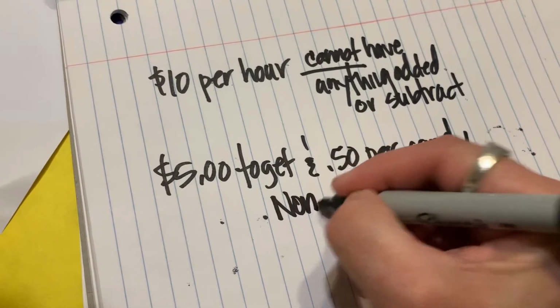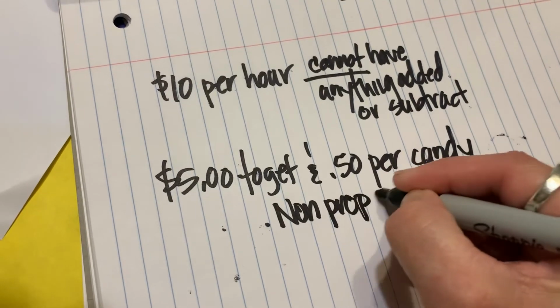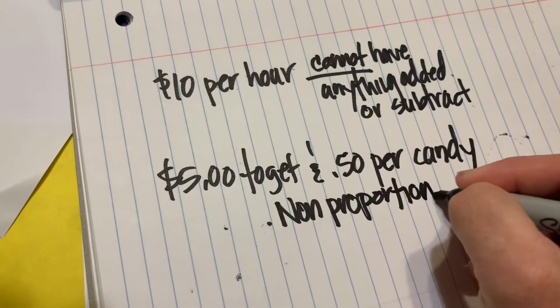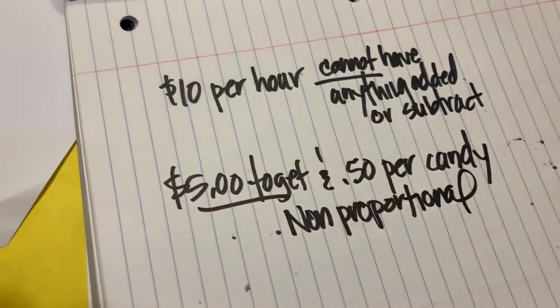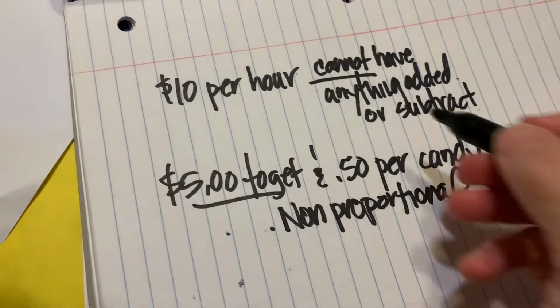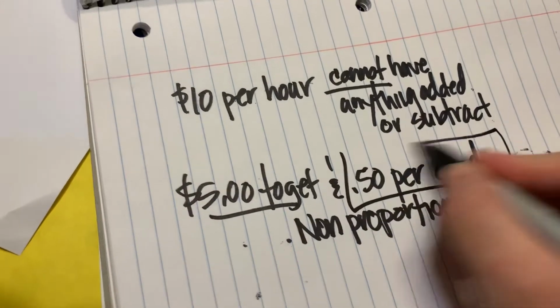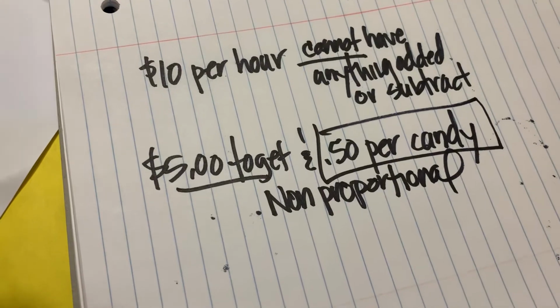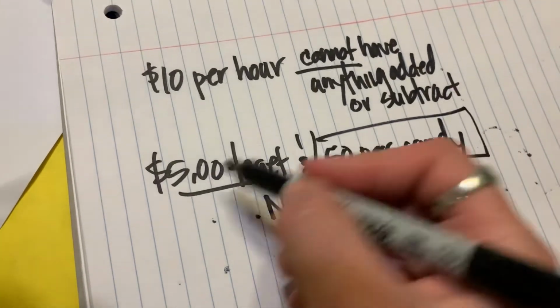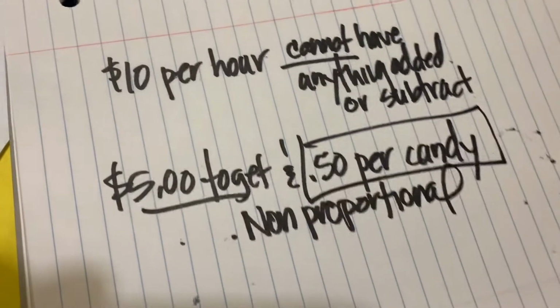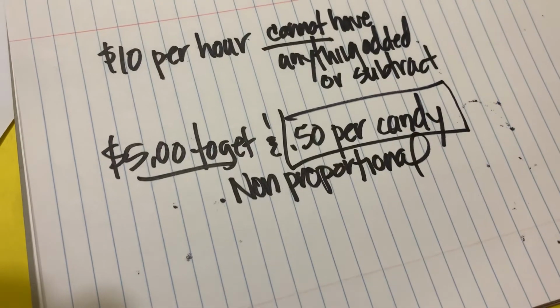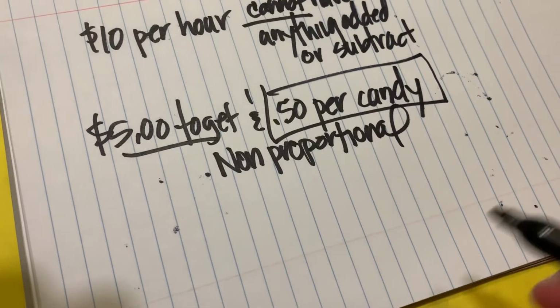No, it's non-proportional because he has that initial fee to get in. If it was only 50 cents per candy, then it would be proportional, but you add that extra initial fee, then it makes it non-proportional because it would not start at 0.